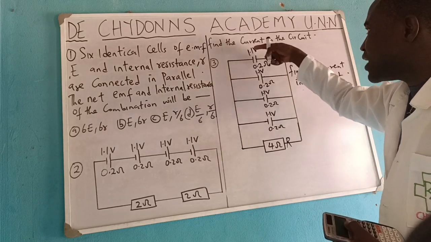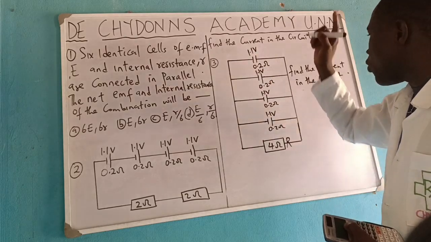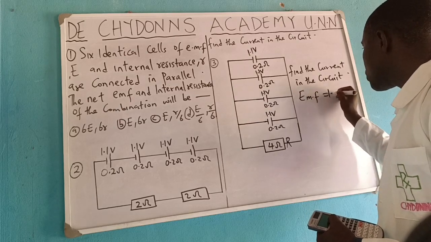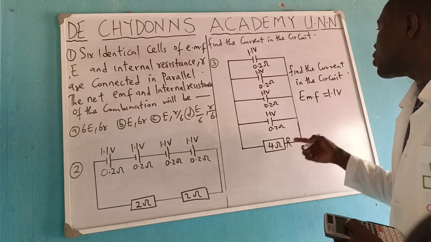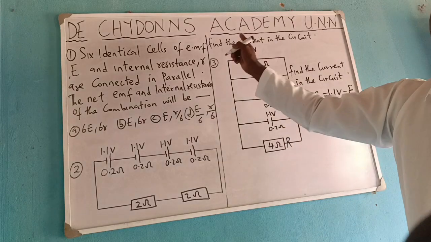Don't just add them 1.1, 1.1, 1.1 and add them up. No, just take one. The resultant EMF will be equal to 1.1 volts because they are in parallel.